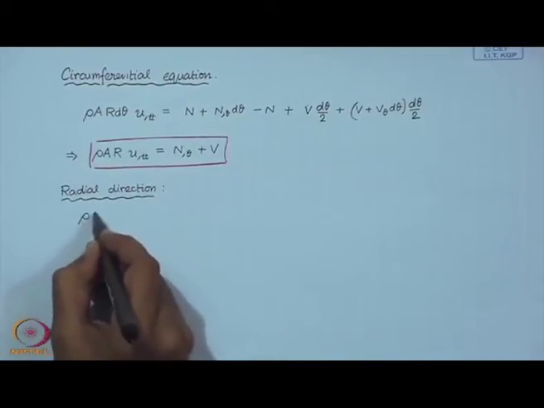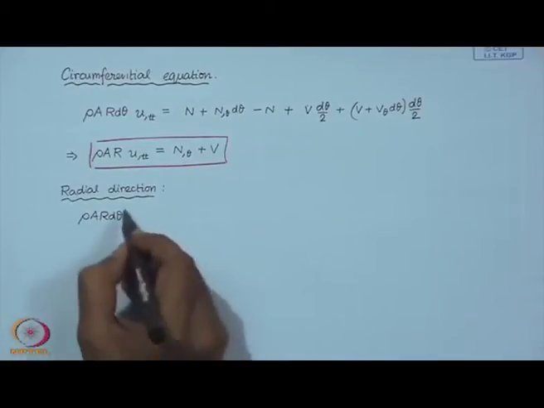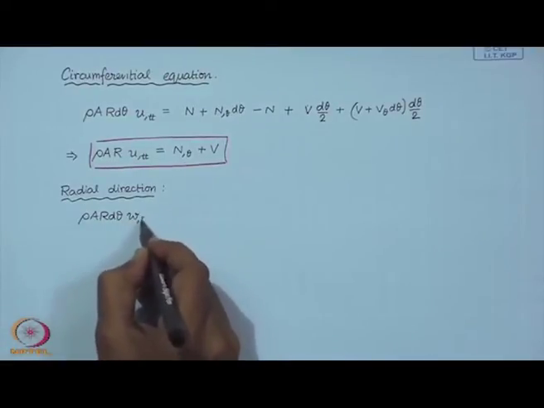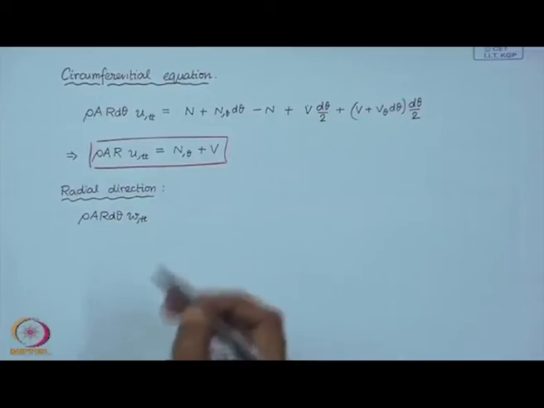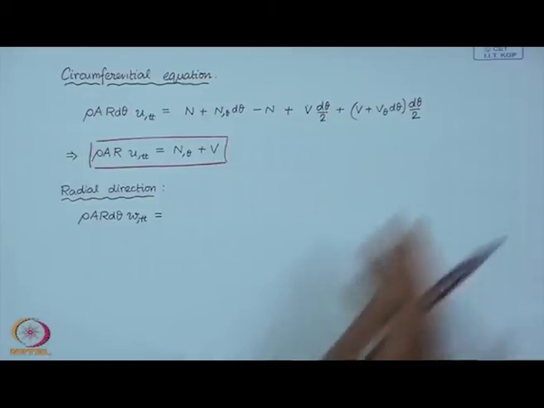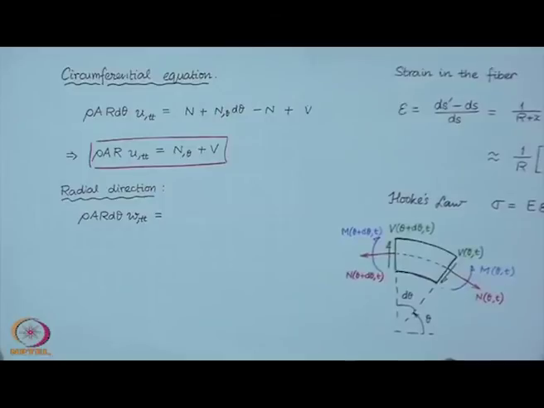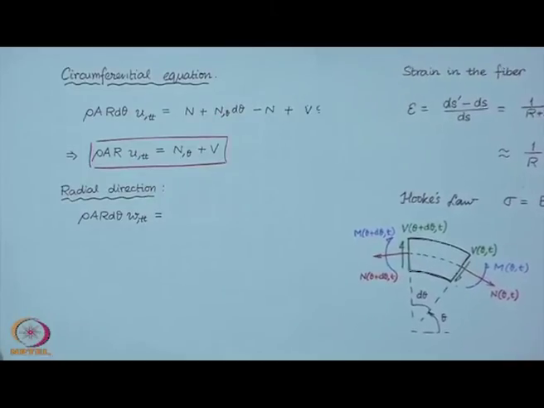So, once again, rho r dθ, the mass of the little element, times the acceleration in the transverse or the radial direction, must be equal to the summation of all forces in the radial direction. So, this is what we have.